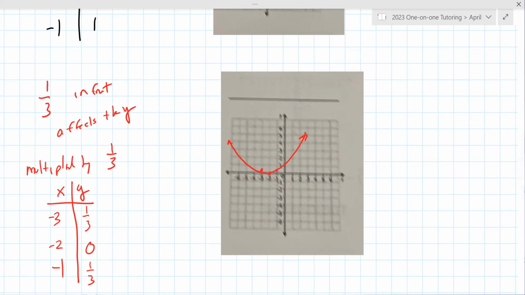All right, so go ahead and get that down. You should have 3 graphs on your page. Let me know when you're ready. We can move on to the next question. All right, we can go.